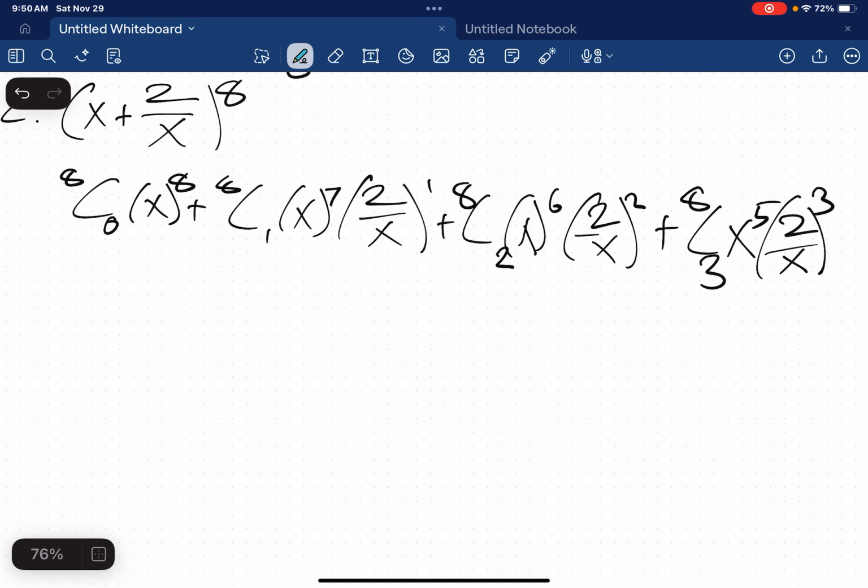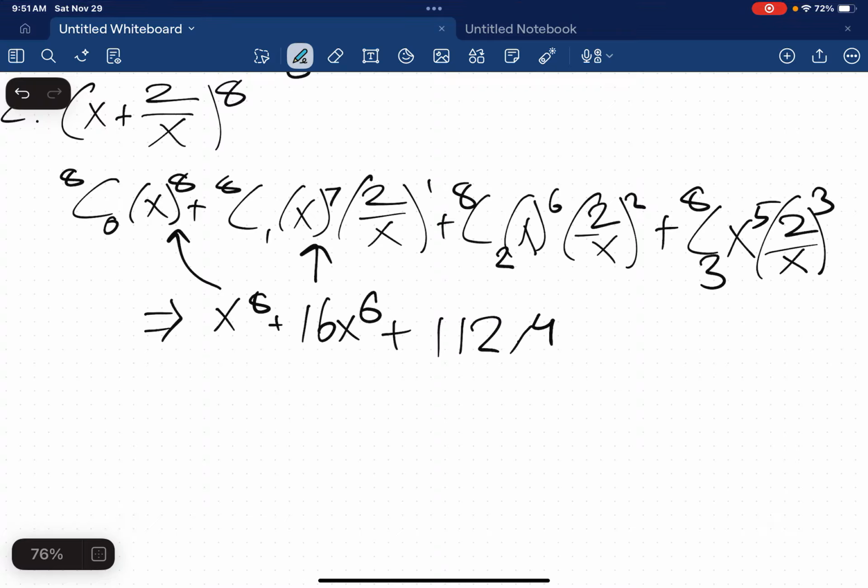Okay, and this will simplify to just x to the 8th plus 16x to the 6th plus 112x to the 4th plus 448x squared, which is that term.